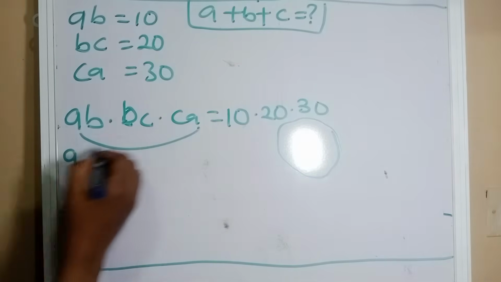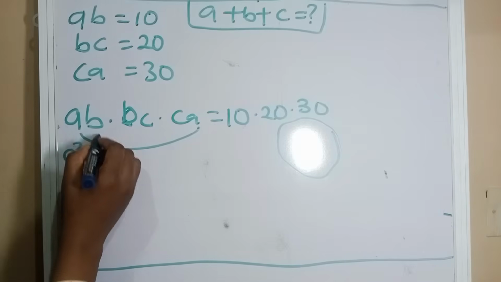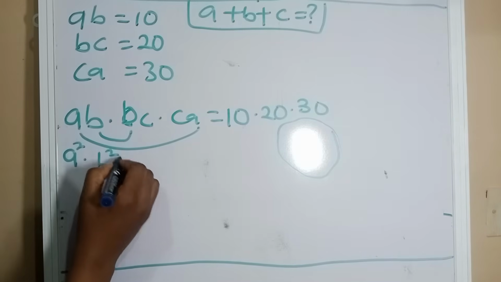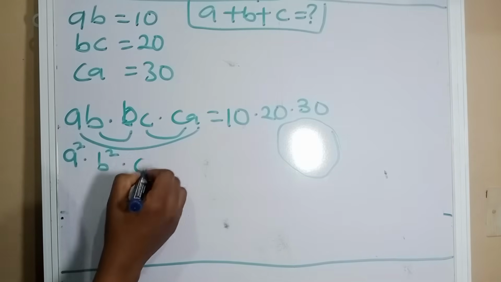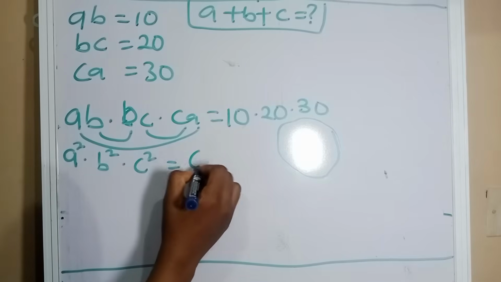This will have A squared, B squared, and C squared to give us 6,000.